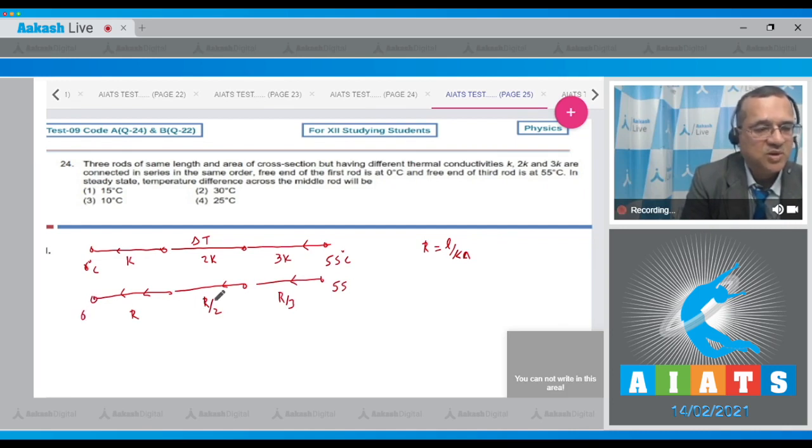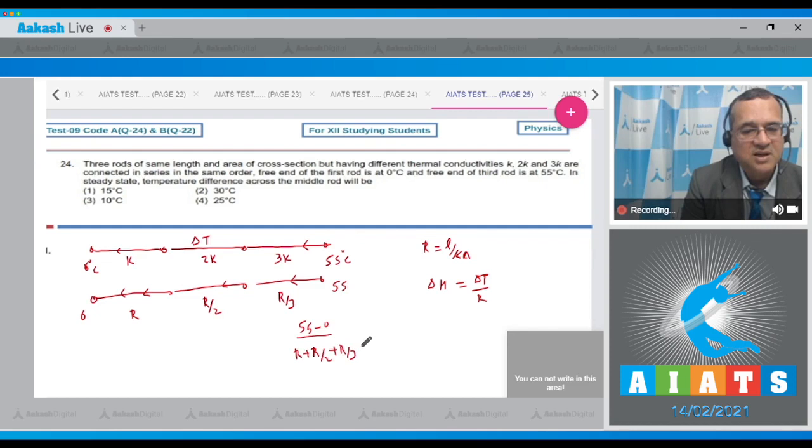Now, you know what is the heat flowing? The heat flow per unit time is temperature difference divided by the resistance. And if applied to the whole rod, then I write 55 minus 0 divided by R plus R by 2 plus R by 3, and that should be equal to the temperature difference here divided by resistance of this, which is equal to R by 2.